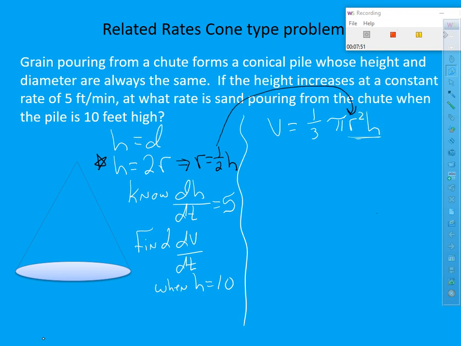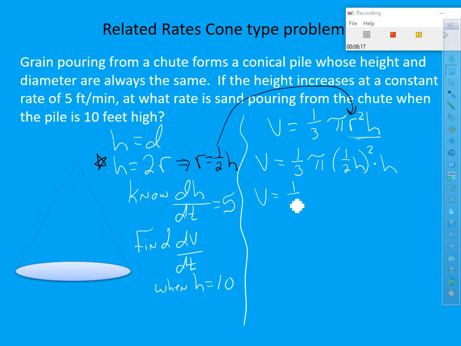After I simplify then, look at what variable is going to be inside my formula. I'm going to have all H's. That's what I want in this case. So it's going to look like this. I've got volume equal 1/3 times pi times 1/2 H squared times another H. Now no calculus yet. We're simplifying this.